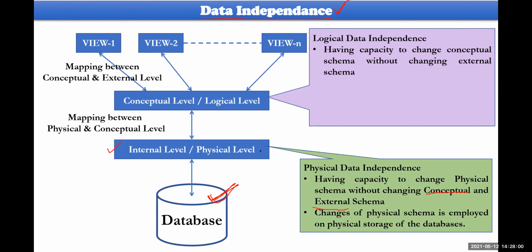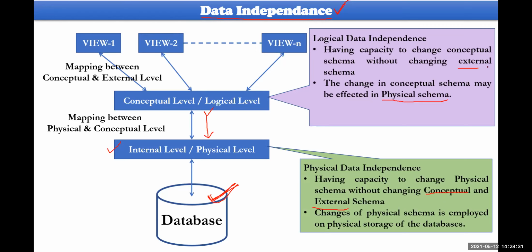Then the change of conceptual schema may affect the physical schema, but not the external schema. Look at this, the external schema does not take any effect, but the physical schema may or may not, based on the circumstances, based on the application. And basically changes of constraints and changes of logical data independence will be done at this level.